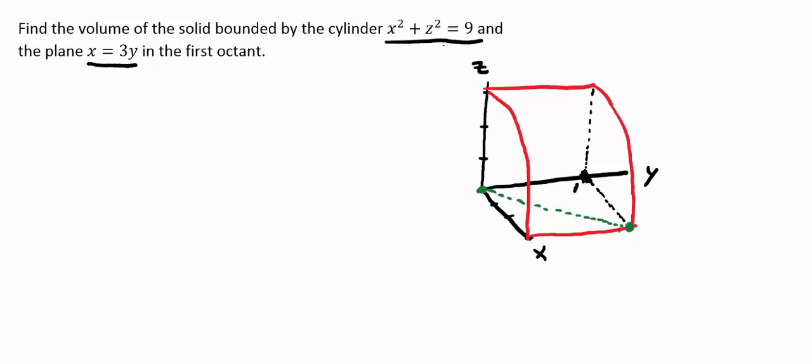And if you translate it parallel with the z-axis, you're going to get a wall that will intersect the cylinder. It's got to intersect it in some kind of curve that looks like this, that goes down because it's got to lie inside that cylinder. So we get this kind of wedge shape here.